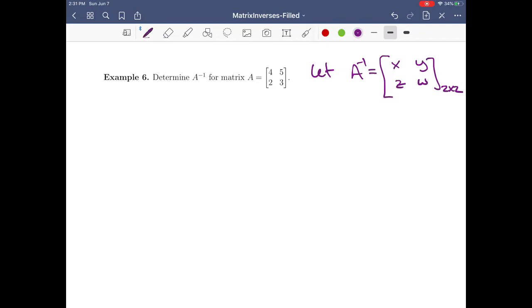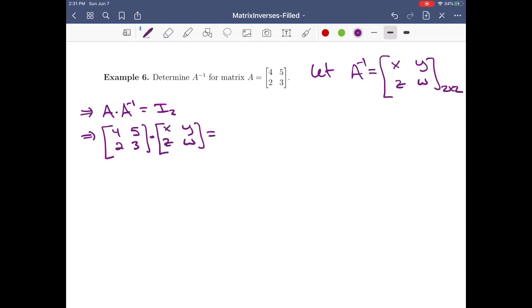So in order for this to be an inverse, we must have that A times A inverse is going to be I2, because they're 2 by 2s. So that means the matrix 4, 5, 2, 3 times this matrix X, Y, Z, W should give me the identity matrix.